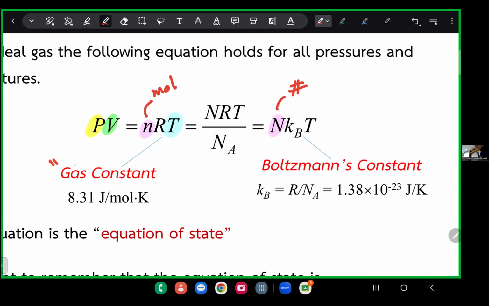But if you decided to use the pure number, you couple that with another constant called the Boltzmann constant. All right, but the structure of the equation is exactly the same. PV is on the left, temperature is on the right, and something in the middle gives you the amount. Okay, and the constant, you just have to choose according to the unit of the amount that you use. Sounds good? All right, so simple enough.